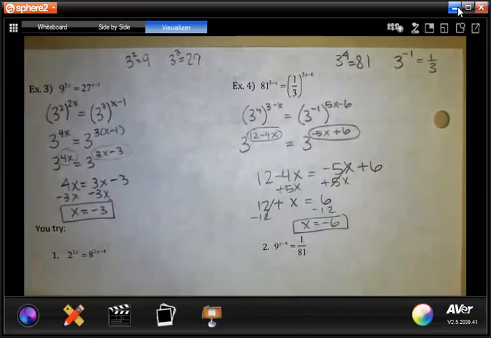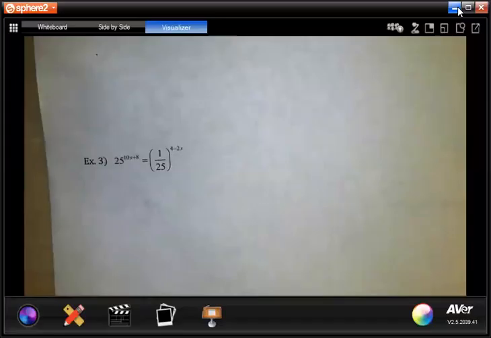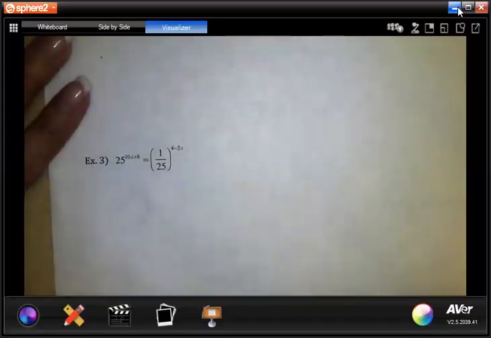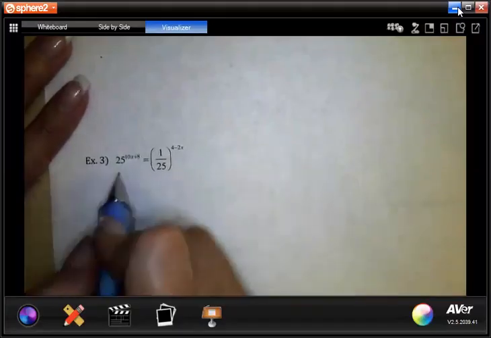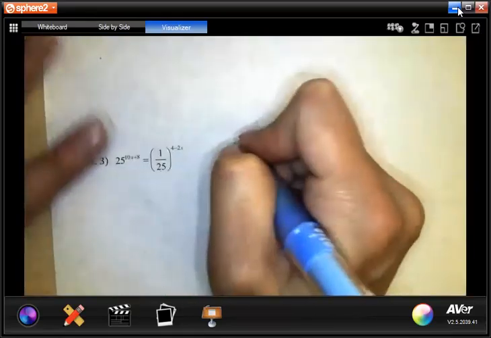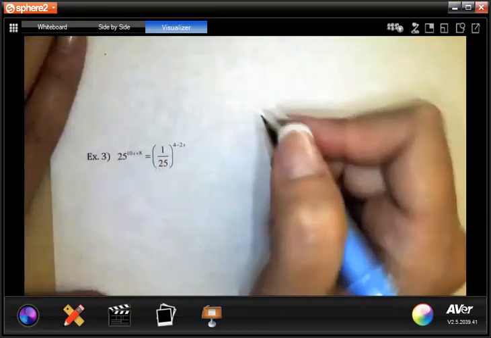All right, we're going to try one where you're going to see a little bit harder here. Again, we want to get the same base. And so we have two different options here. We can take this all the way down to a base of 5, or both of them can have a base of 25. This is already 25, and this one I can do 25 to the negative 1 power.